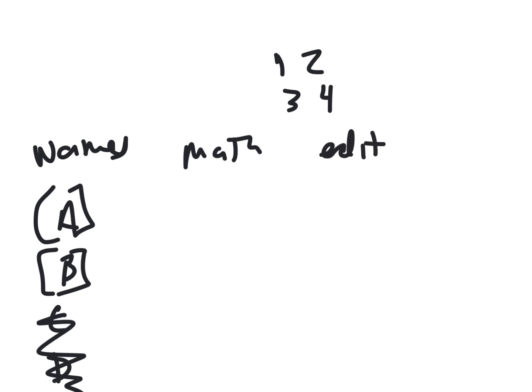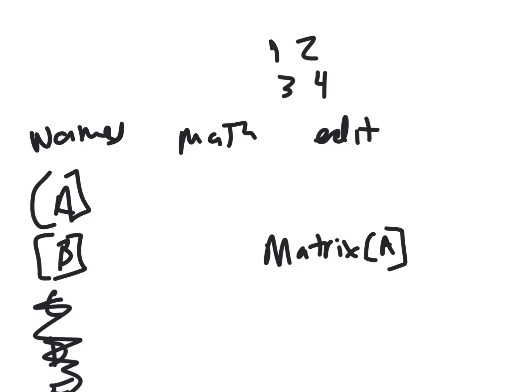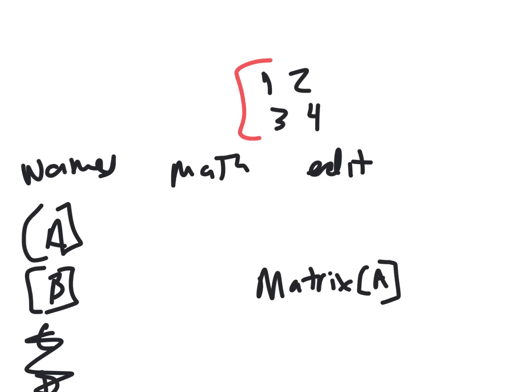Arrow over to edit and hit enter on the A matrix. You're editing the A matrix, and this is what it says. Matrix, bracket A. And then you want to tell it that we're using this matrix right here, that you want a 2x2 matrix. So tell it 2 by 2.